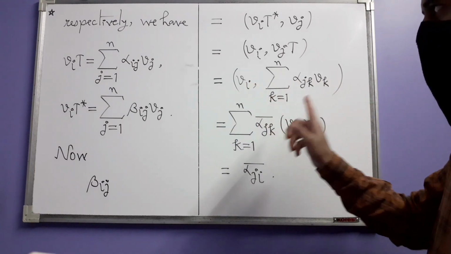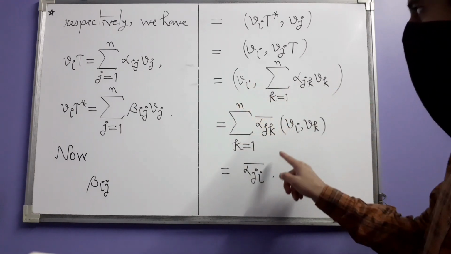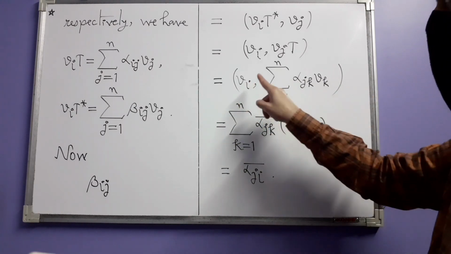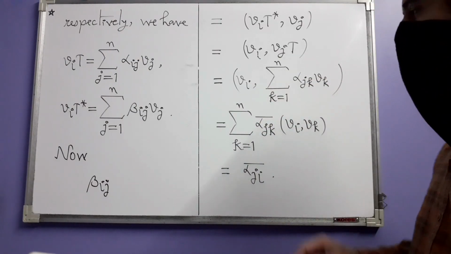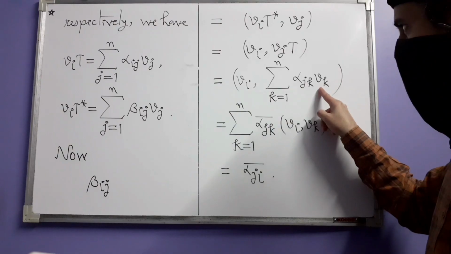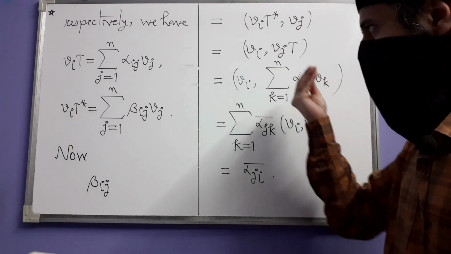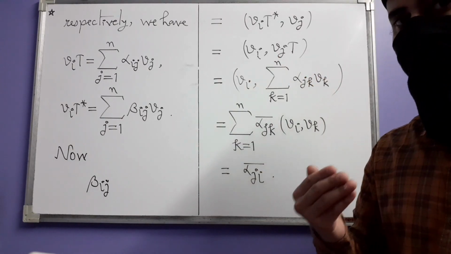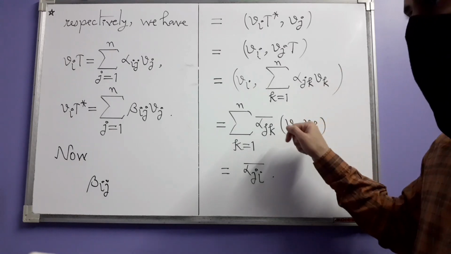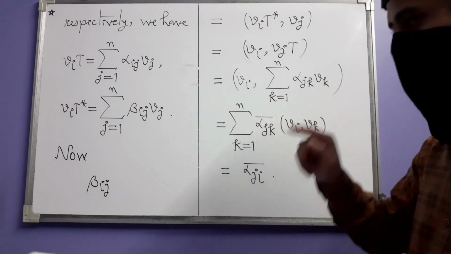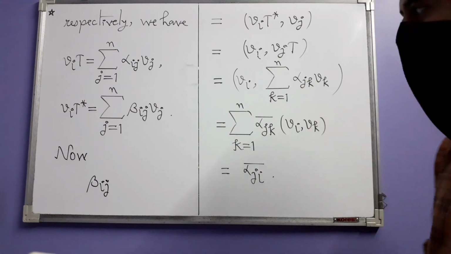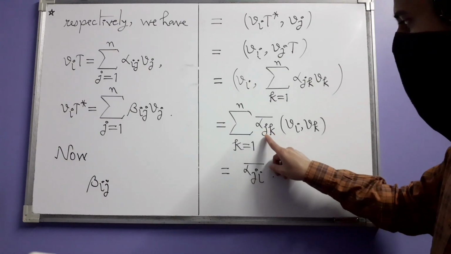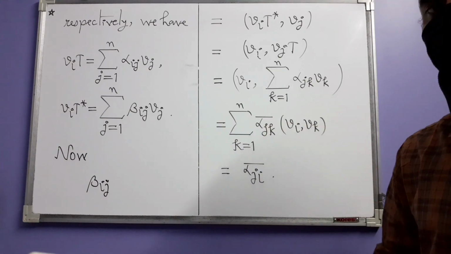In that line you write the summation of the inner product of v_i and alpha_jk v_k, and then using conjugate linearity, that alpha_jk comes out of the inner product. Because it comes out from the second component, it does not itself come out, but rather its complex conjugate comes out. So that's how you have alpha_jk bar.